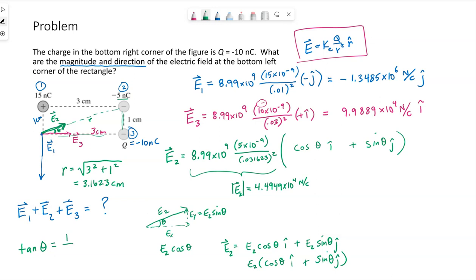The opposite side has a height of 1 centimeter. The adjacent side has a height of 3 centimeters. Take the inverse tangent of 1/3, I get 18.435 degrees.